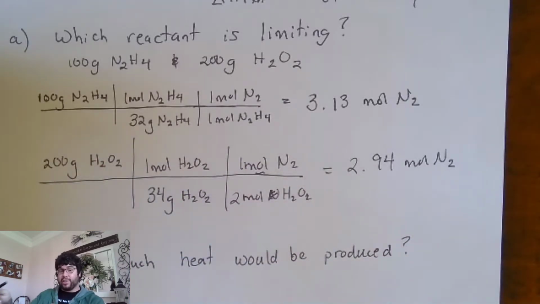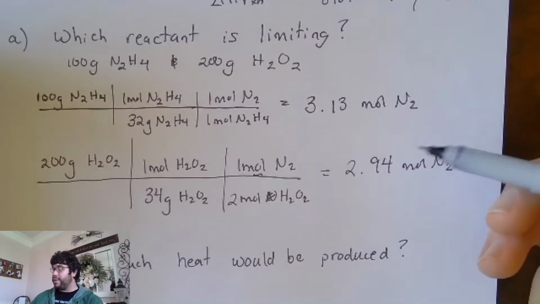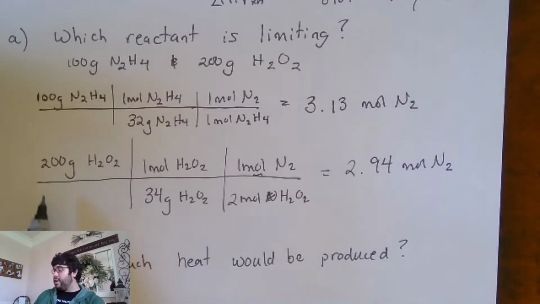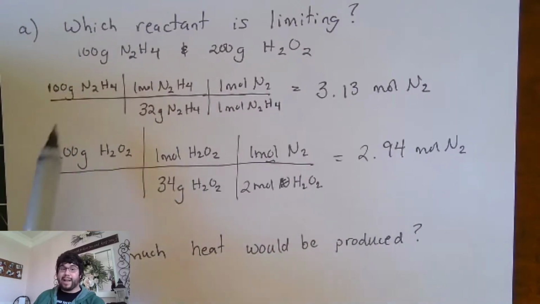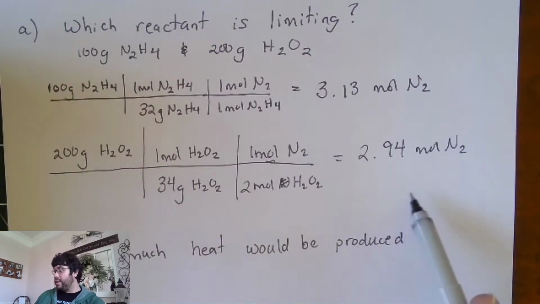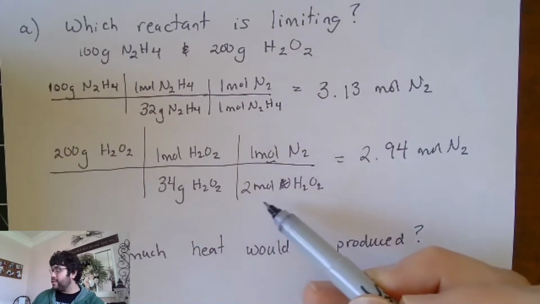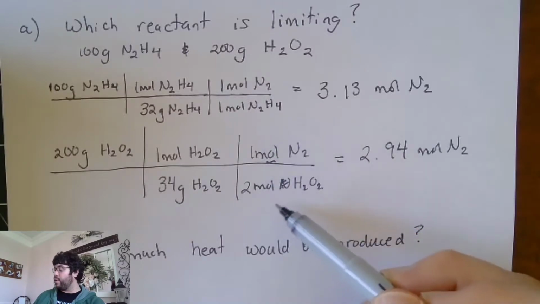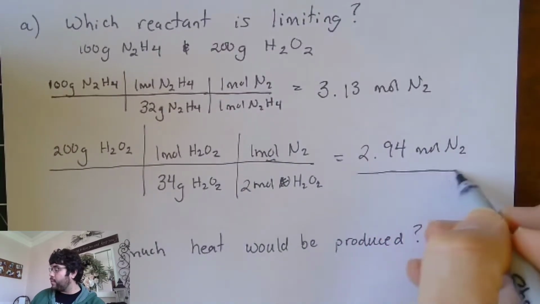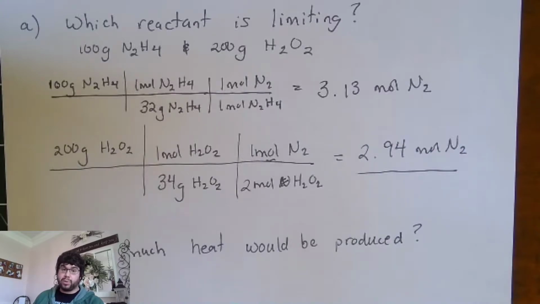You didn't actually take it to the products and compare. In this case, this is sort of weird. There are 200 grams of H2O2, so there's double the mass of the other reactant, but the H2O2 actually runs out first. It runs out first because it is consumed at 2 times the rate of the N2H4. So only 2.94 moles of N2 can be produced from the 200 grams of hydrogen peroxide.